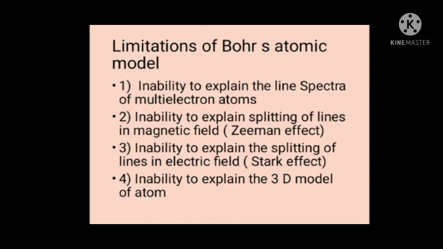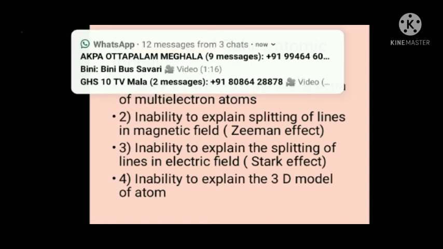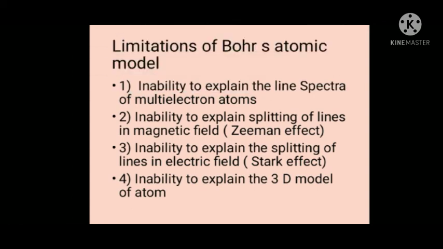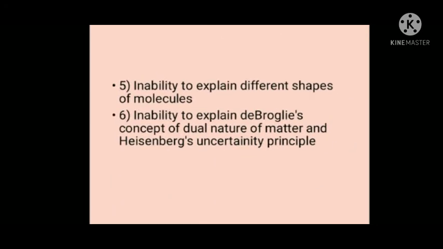Likewise, when we apply an electric field to atoms, these lines split again into still smaller lines. That was also not explained by Niels Bohr, and that effect is known as the Stark effect. Likewise, he was not able to explain the three-dimensional model of the atom, and why different molecules exhibit different shapes.